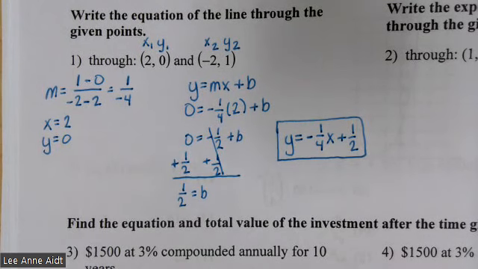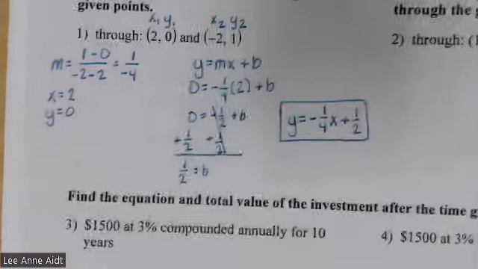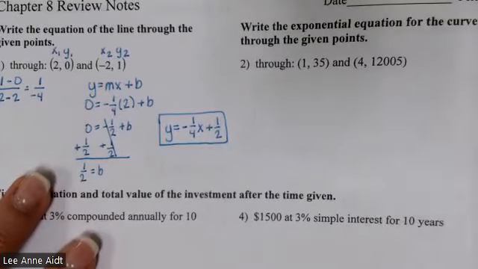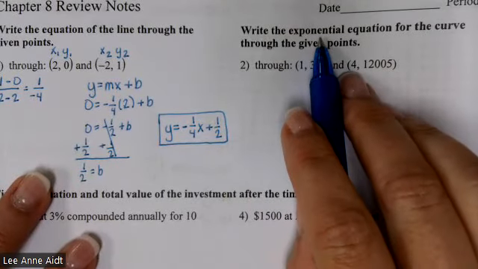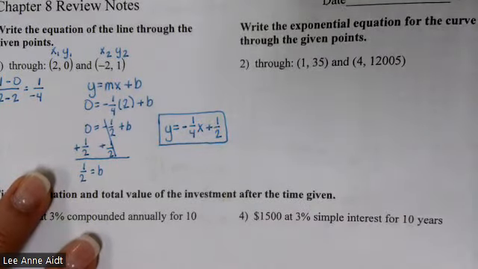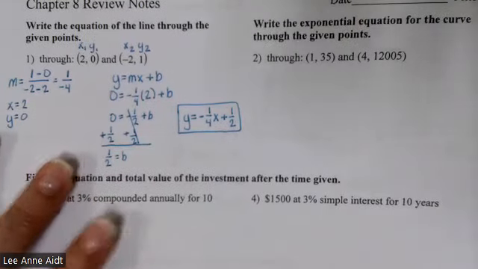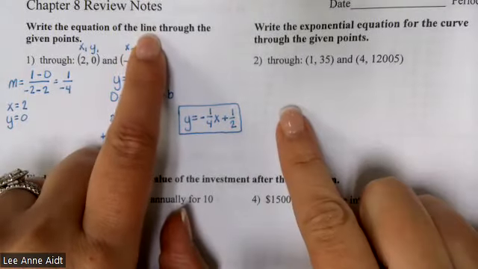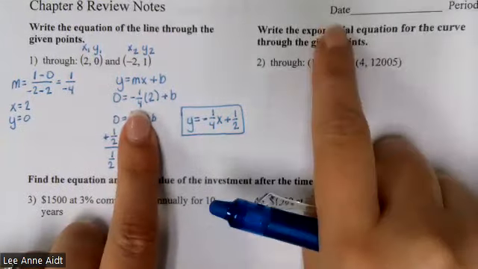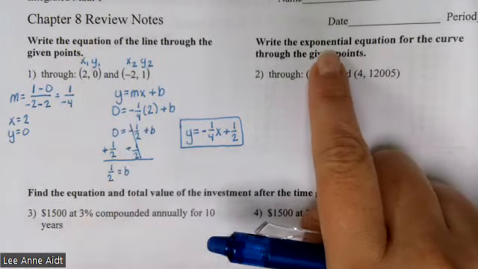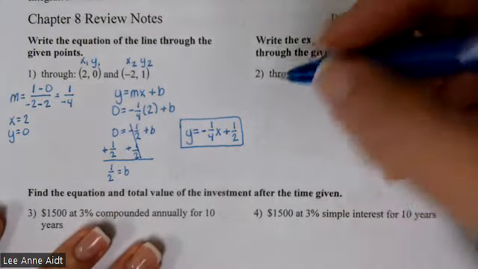So you might be wondering why Mrs. Talbot is that on the chapter 8 review notes. It's because the one right next to it looks very similar, but it says exponential. So I wanted to have them right next to each other so you could make sure that you see, oh, this one says line, that's the chapter 2 stuff. This one says exponential, that's the chapter 8 one.